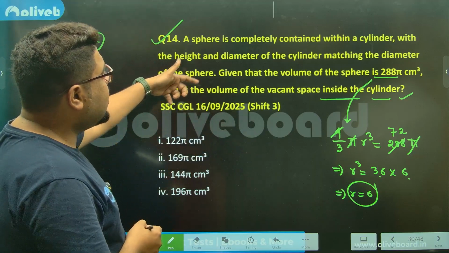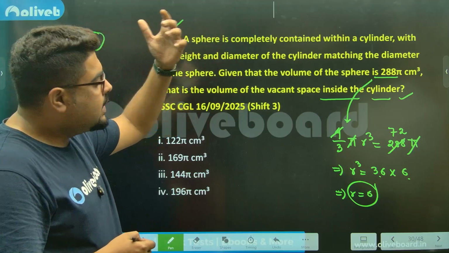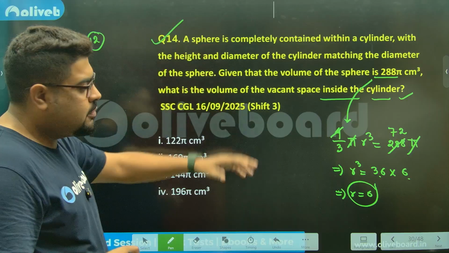Now they are asking the volume of the vacant space inside the cylinder. So cylinder volume minus sphere volume.